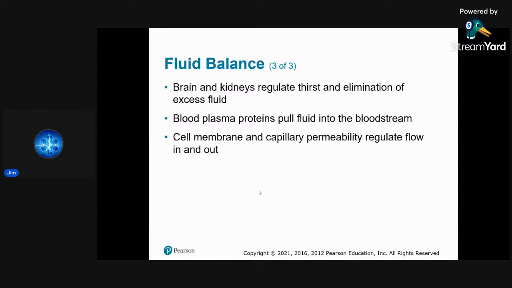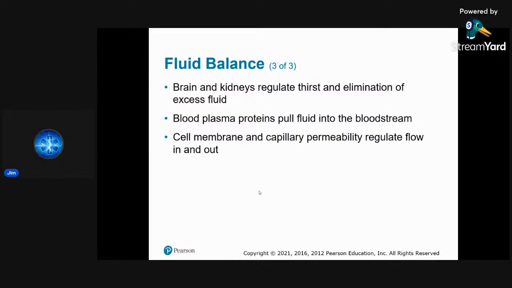Fluid balance. Brain and kidneys regulate this, right? To eliminate too much fluid, sensors in your brain say, hey, we've got too much fluid. Your kidneys go into high gear, they're going to create urine, and it's going to be excreted from the body. Blood plasma proteins pull fluid into the bloodstream, right?